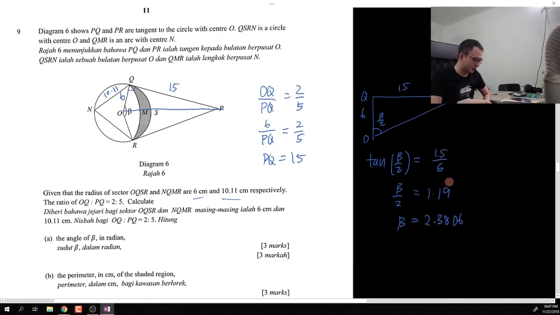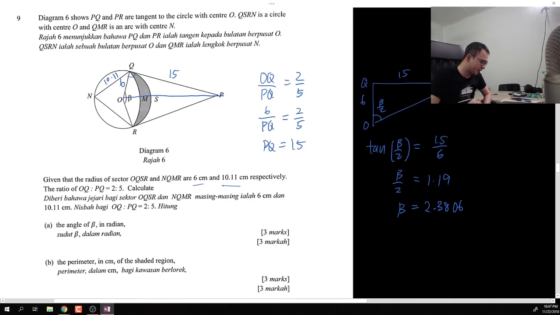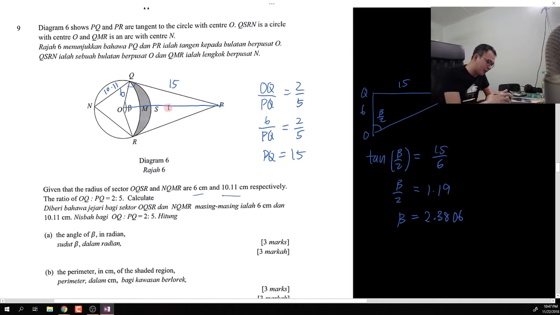Alright, any questions? If not, we're going to move on to the second part, the perimeter of the shaded region. My objective is to get this arc length plus the second arc length.